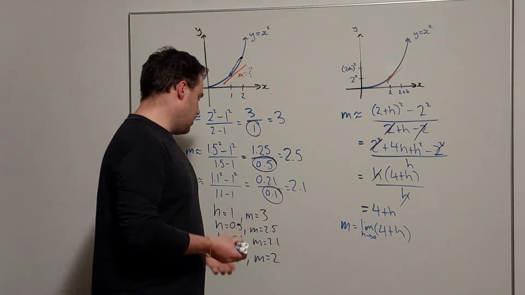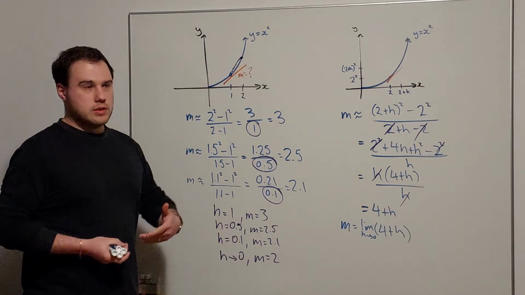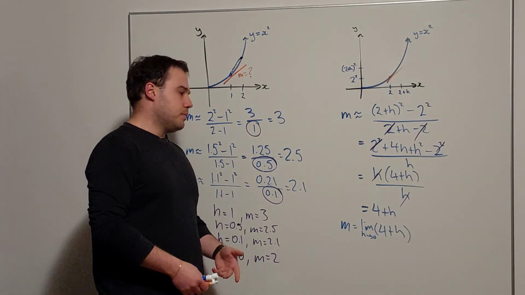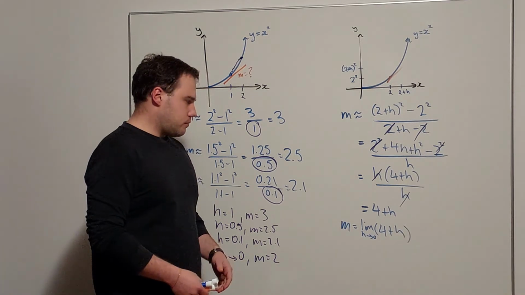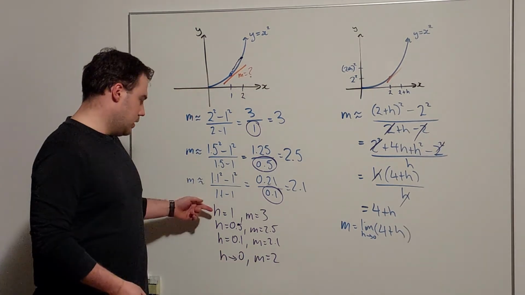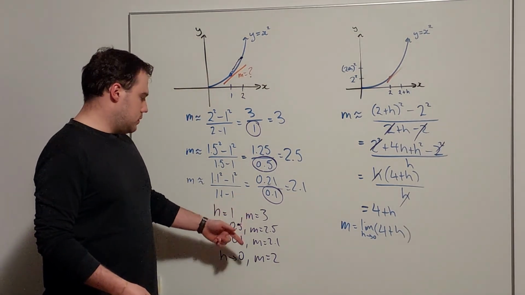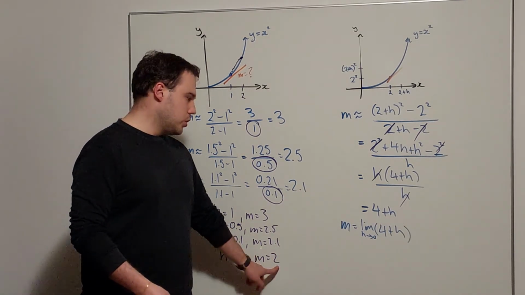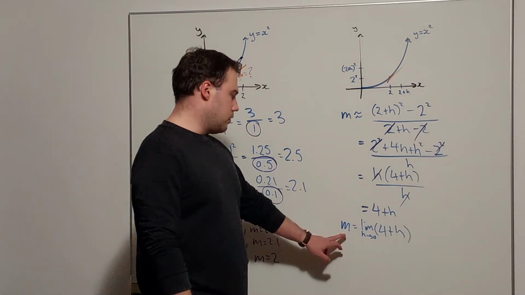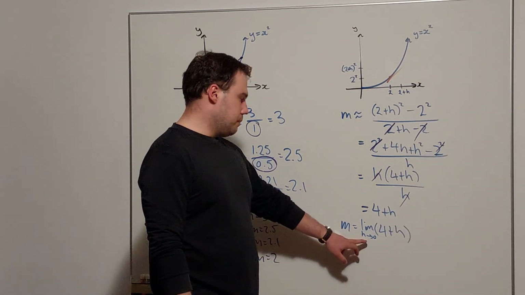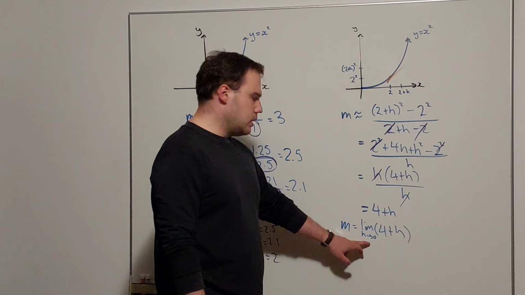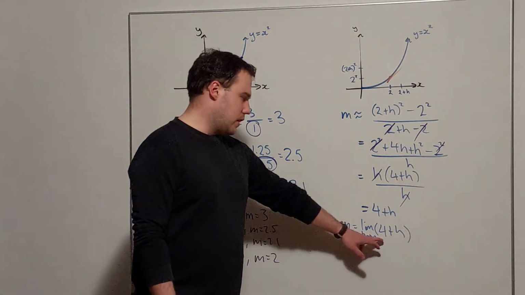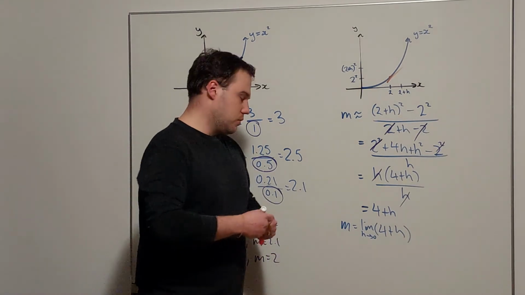So this is basically the concept of a limit: what value is a certain algebraic expression approaching. Well, over here, the value of the gradient as h was approaching 0 was 2. Here, the gradient will be the value of 4 plus h as h approaches 0, and basically we can just find this by substituting in h equals 0.